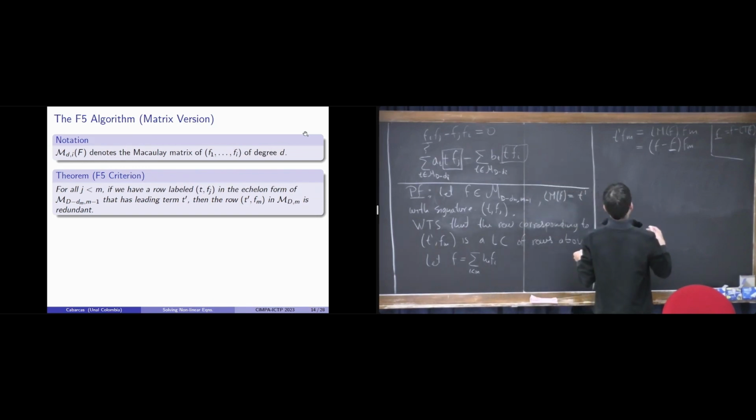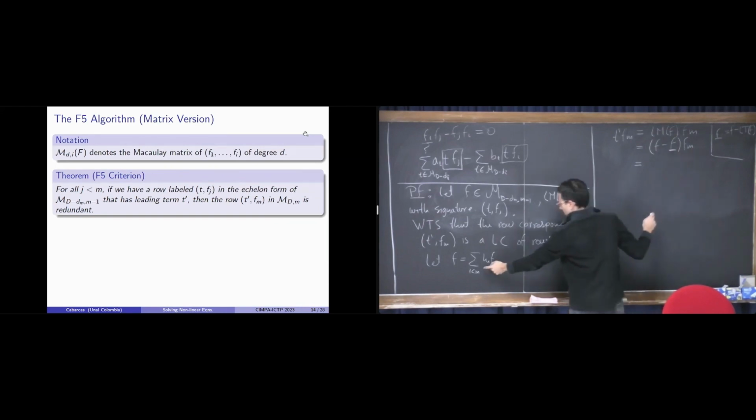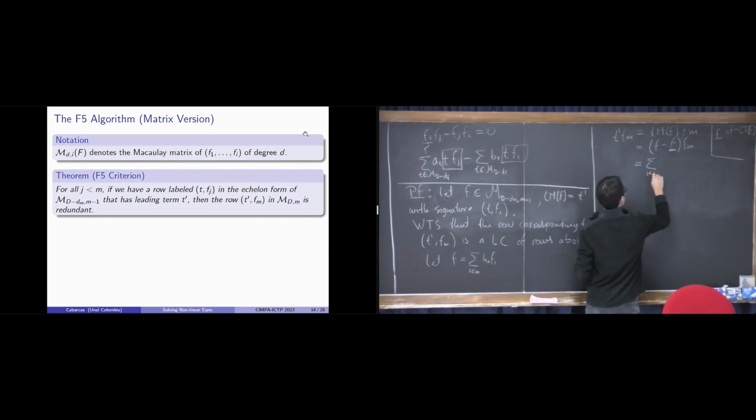Now, let's split this into the two parts. So we're going to get F times Fm, but F is this. So we get I less than M, and then we get the H sub i's. Let me leave the Fi at the end.